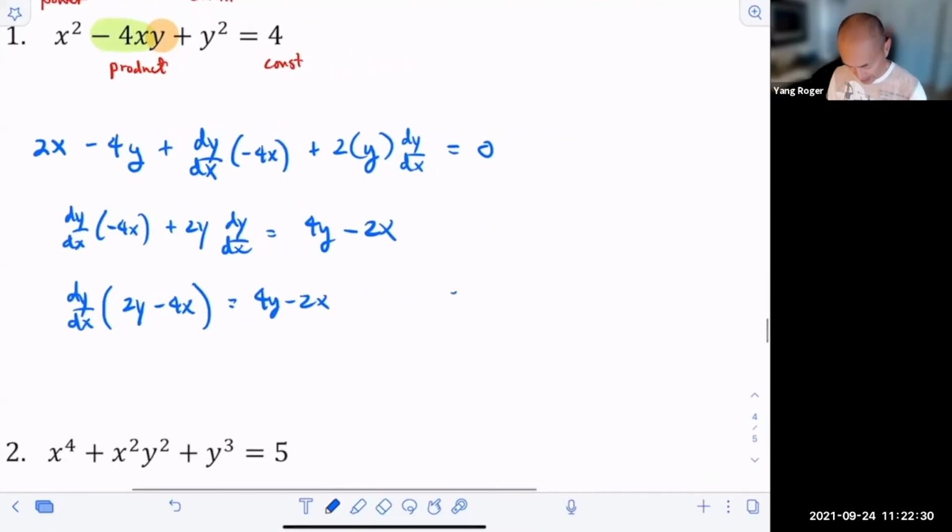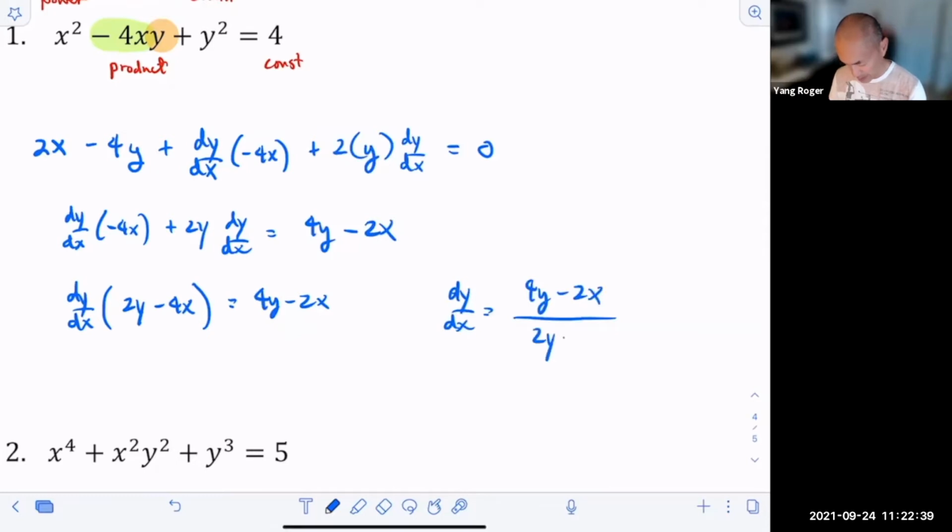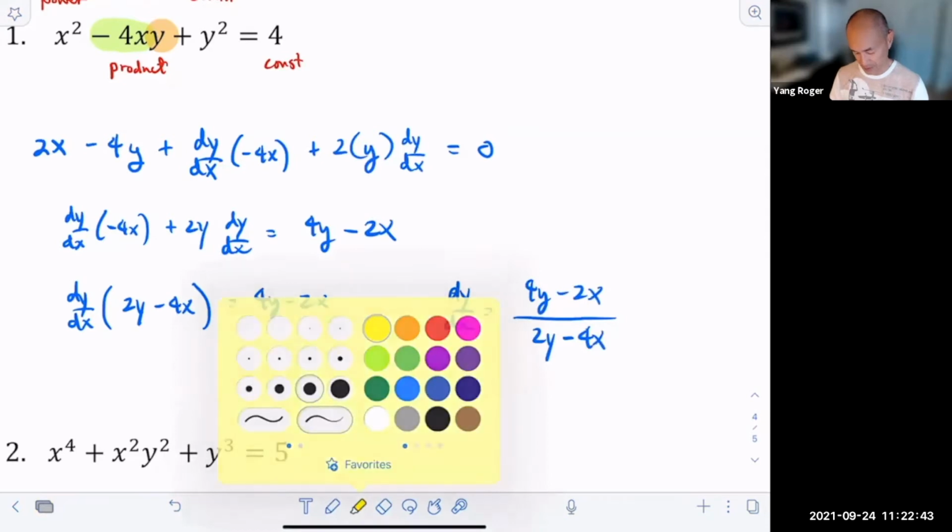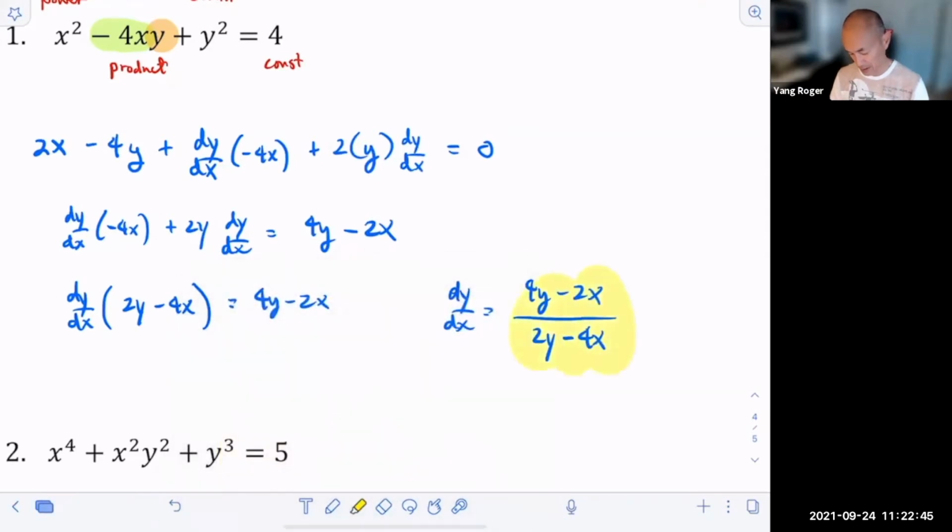So when I divide, I get dy dx is equal to 4y minus 2x divided by 2y minus 4x. And that's going to be our derivative. Does that make sense for everybody? Are there any questions?